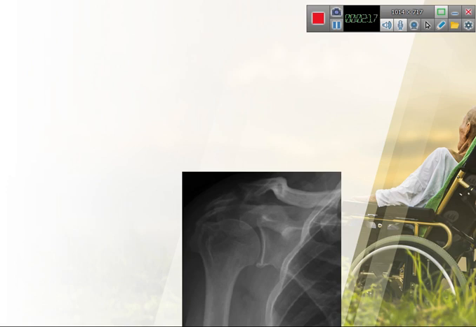You can see some shadows on the greater tubercle. This is heterotopic ossification. Also, we can see some degenerative changes in the acromioclavicular joint. This is the X-ray, and we can see the heterotopic ossification in X-ray pictures.